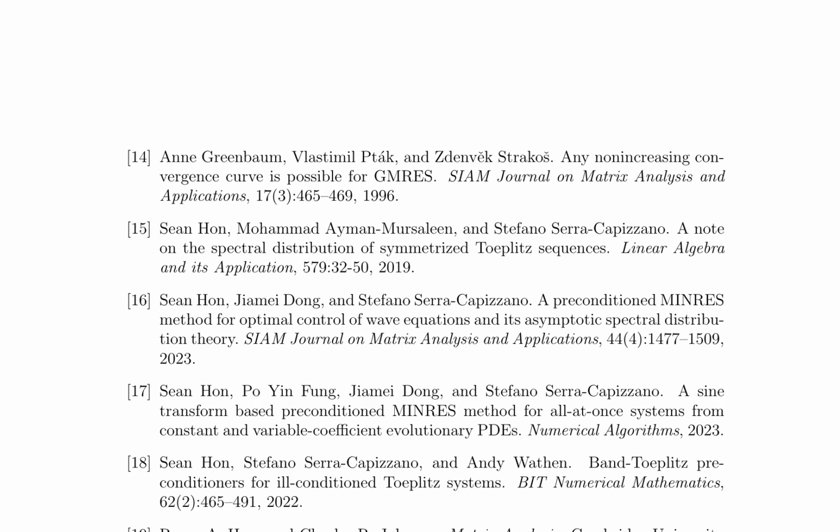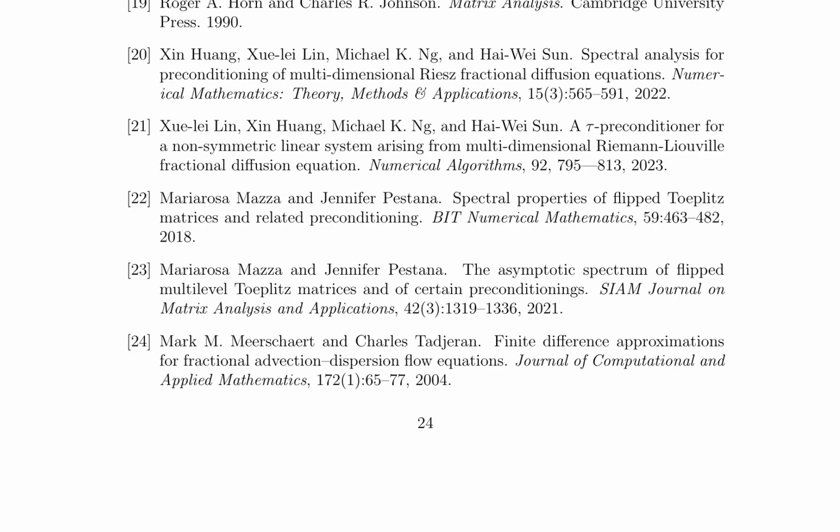Later works, 8-24, have focused on the spectral analysis and structure-preserving preconditioners for fractional diffusion equations, multi-level symmetrized Toeplitz structures, and eigenvalue distribution of special 2x2 block matrix sequences. These studies have significantly advanced our understanding of Toeplitz matrices and their applications.